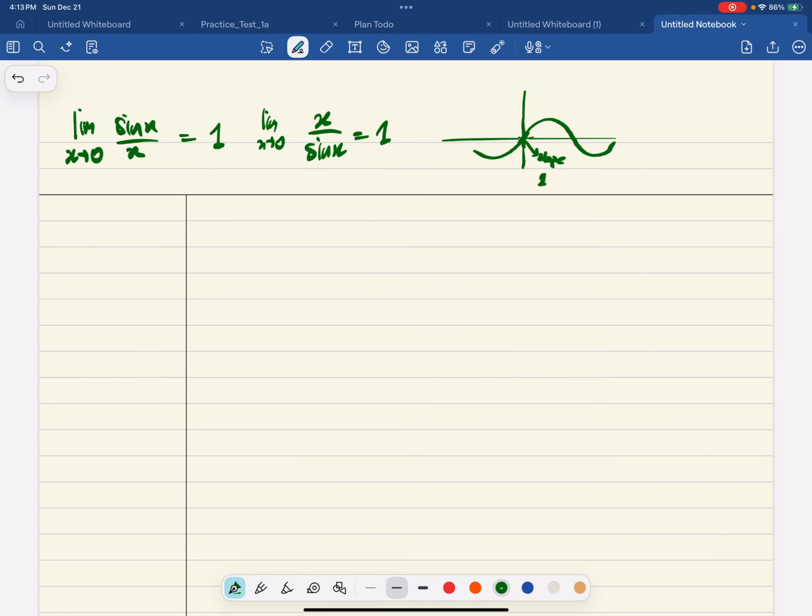And why do we care about that? Because if you can see here, we're doing a y over x situation, because y is a function, sine of x, and the x, well, obviously is the x. And when we do y over x, if you remember, delta y over delta x is equal to a, or the slope. Some people use m, is equal to the slope.